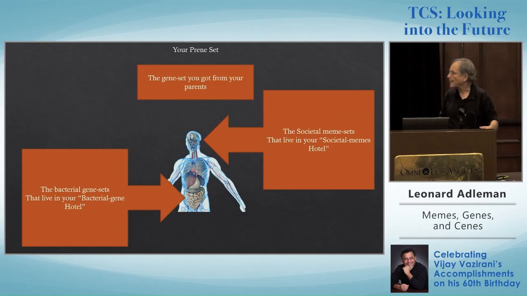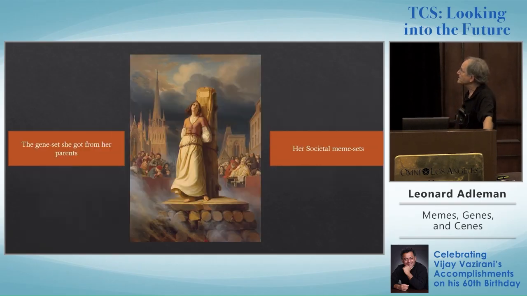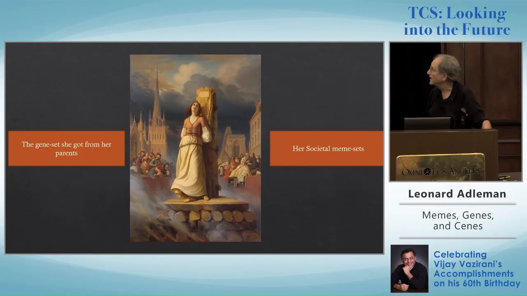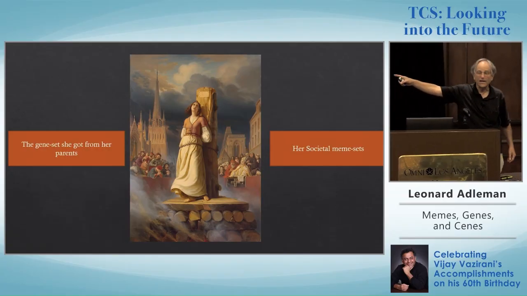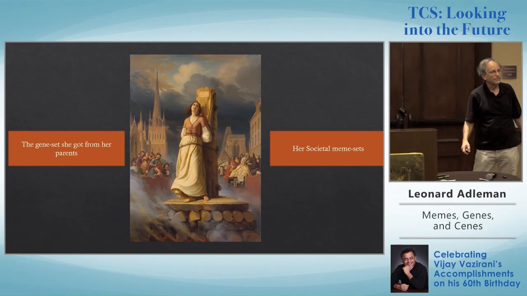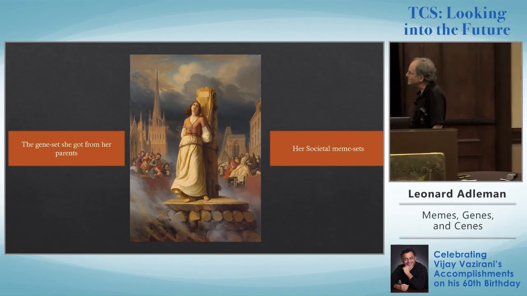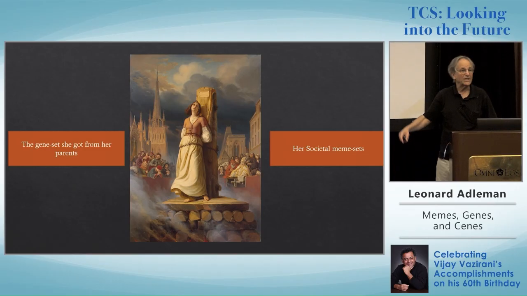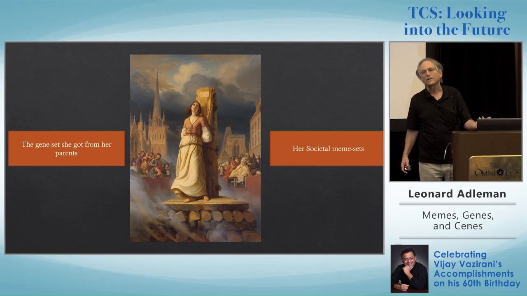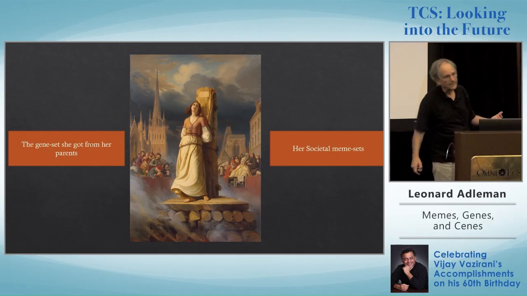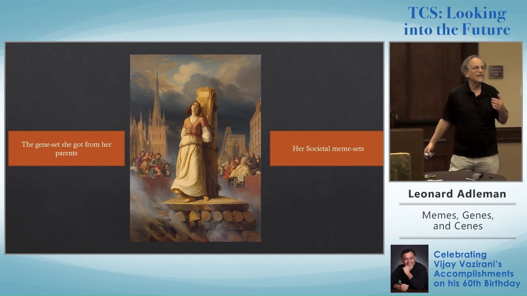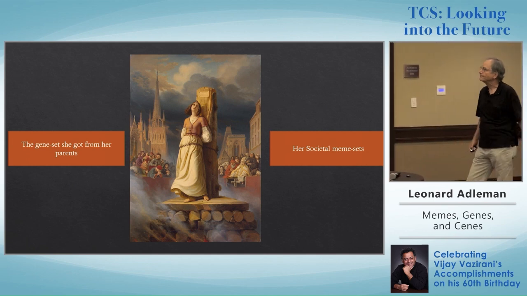So let me give you a brief example of that from the real world. Here is a painting of Joan of Arc. And at least in this depiction, she seems to be experiencing some cognitive dissonance. And we can understand why.